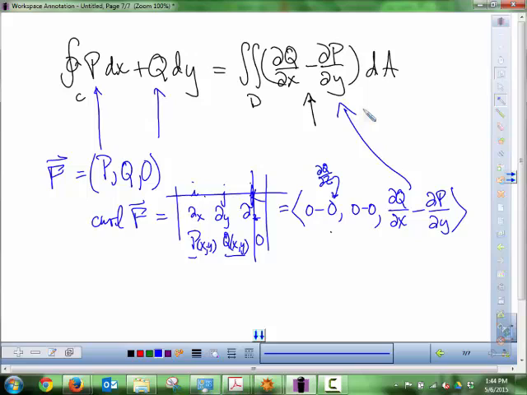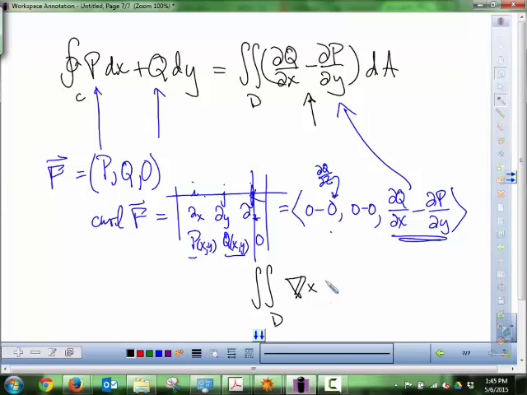So it turns out that the double integral in Green's theorem can be written like this. It's the integral over D of the curl of F. This curl has a 0, 0, and something in the k component. How can I get rid of that k component?